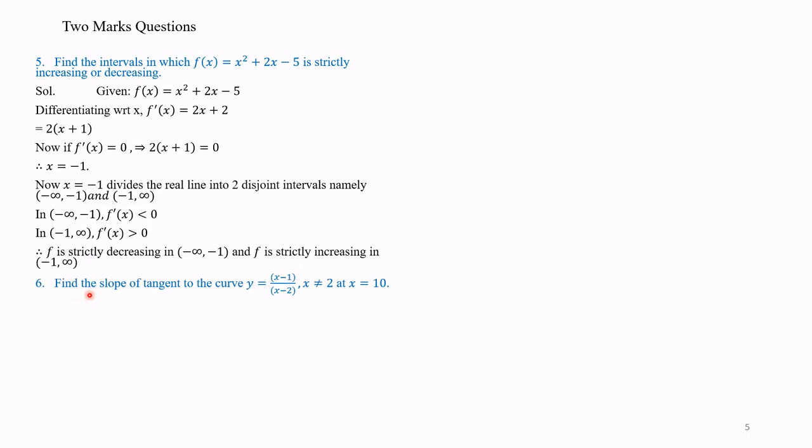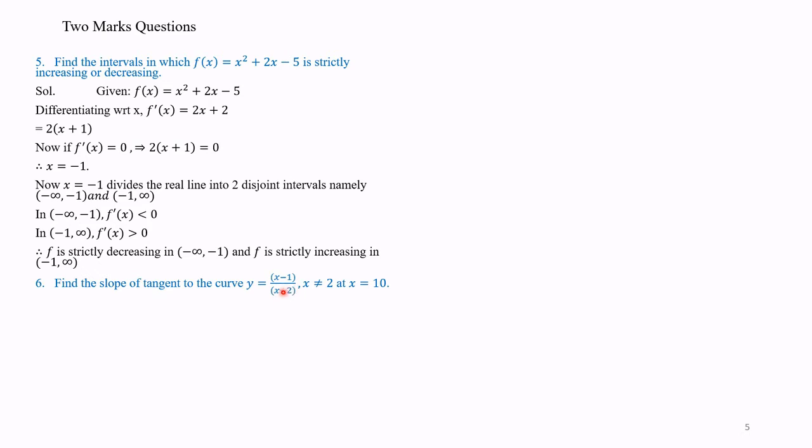Question number 6. Find the slope of the tangent to the curve y equal to x minus 1 divided by x minus 2, for x not equal to 2. Because the denominator is x minus 2, if you put x equal to 2, the denominator becomes 0.